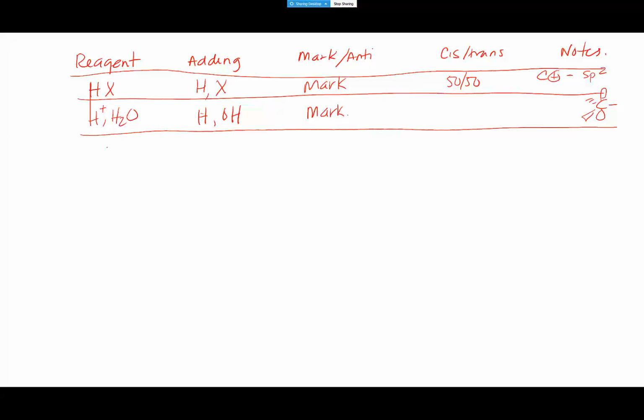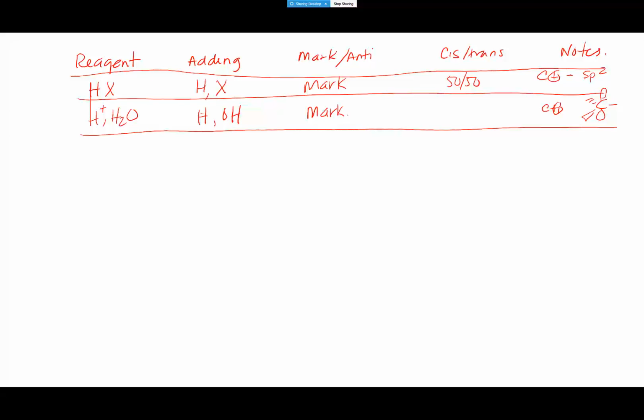So have we had any reactions where we formed a carbocation intermediate that were not Markovnikov? So the C plus intermediate is not only going to give us a particular orientation, it's also going to give us Markovnikov. So whenever you undergo a carbocation intermediate, it's always going to be Markovnikov addition.